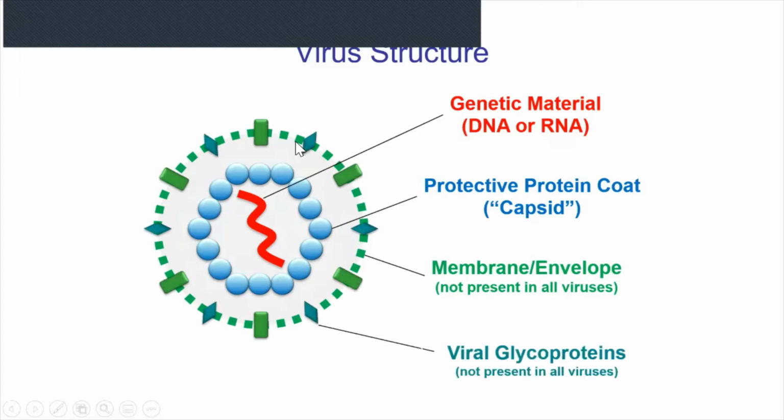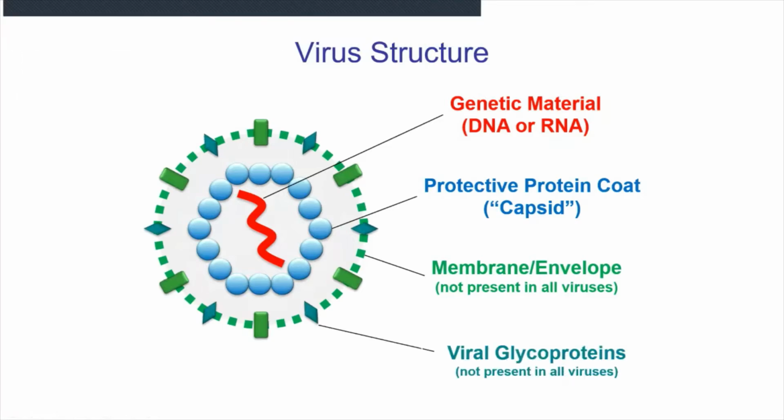And part of that envelope is sometimes something that we call viral glycoproteins. Remember, glyco means carbohydrate and protein means protein, so it's a combination of both. Sometimes we call these spike proteins. Some of them kind of look spiky. And this, of course, has come up a lot when talking about SARS coronaviruses because they have spike proteins.